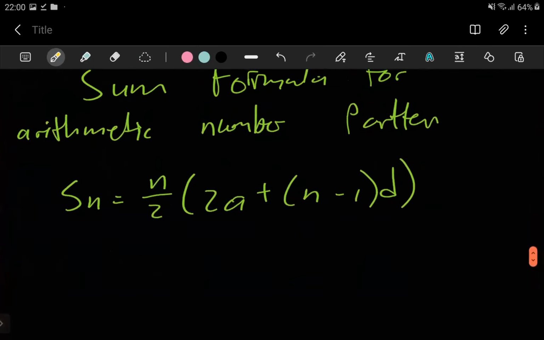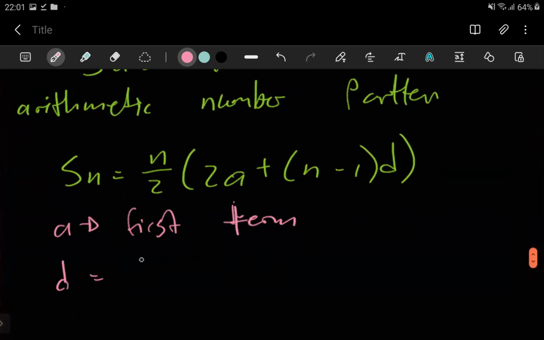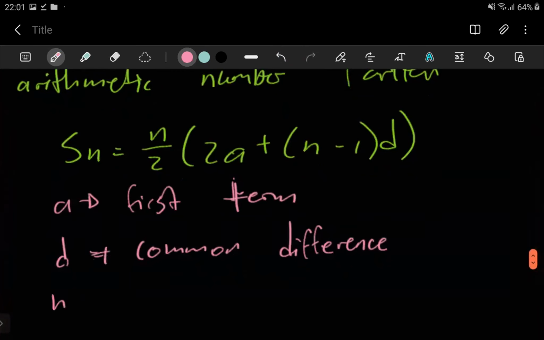But for your sum formula, a is still the first term, d is still the common difference, but n is the number of terms being added up. Oh, okay.